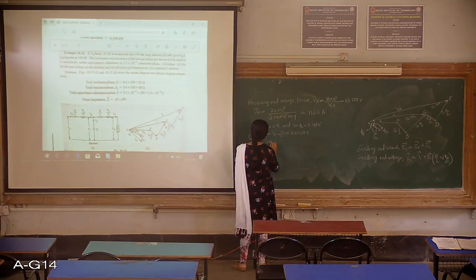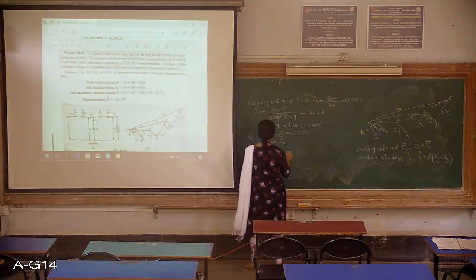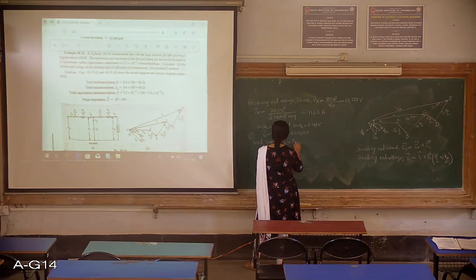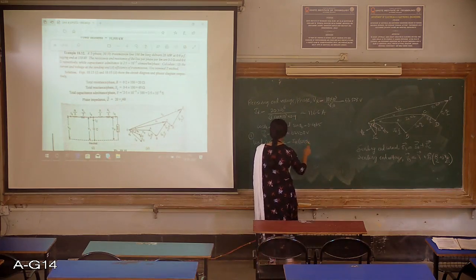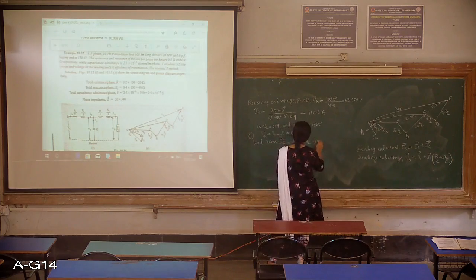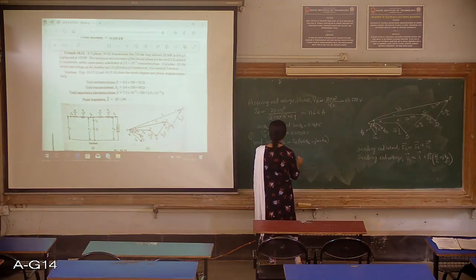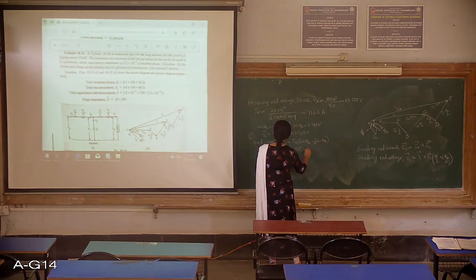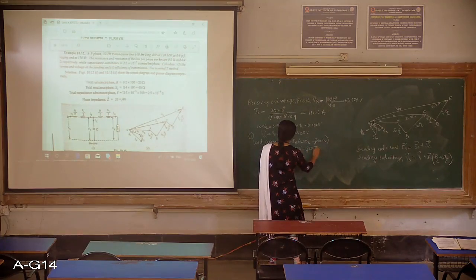The load current IR will be IR cos phi r minus J sin phi r. You have both the values, so it comes out to be 105 minus J 50.7.